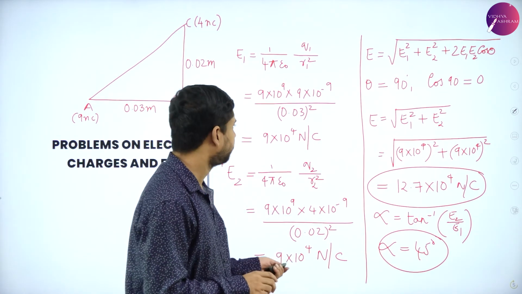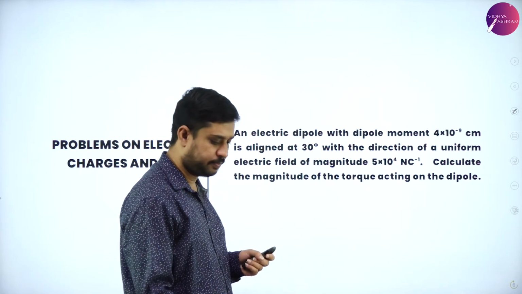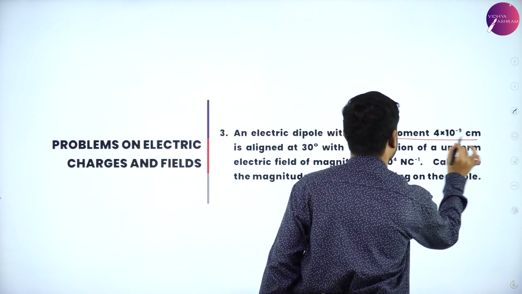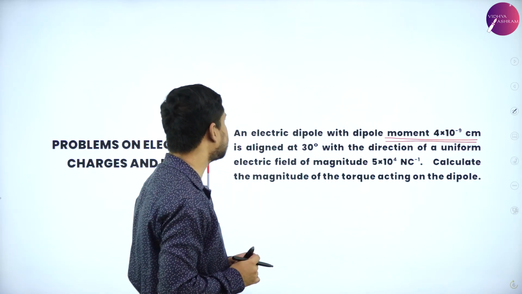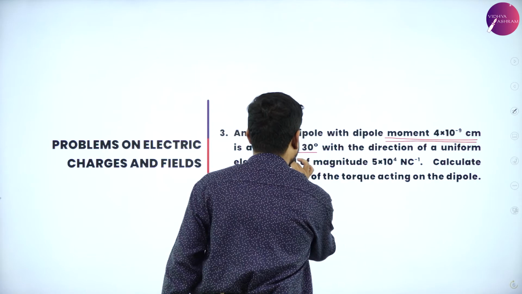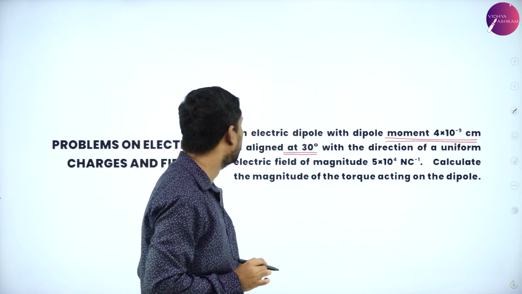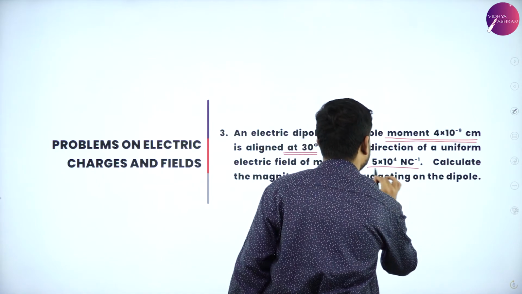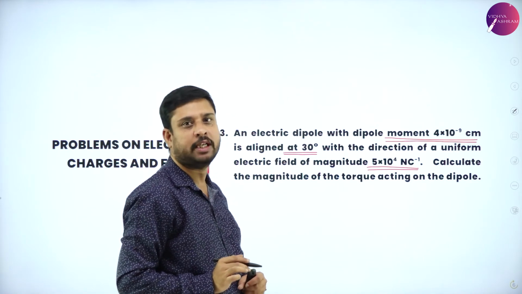The next one. An electric dipole with dipole moment 4 into 10 power minus 9 coulomb meter, aligned at 30 degrees with the direction of uniform electric field of magnitude 5 into 10 power 4 Newton per coulomb.